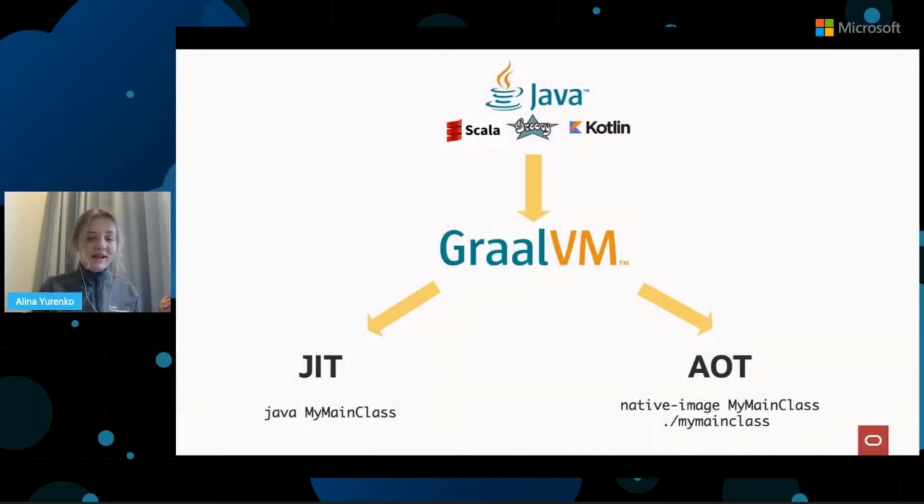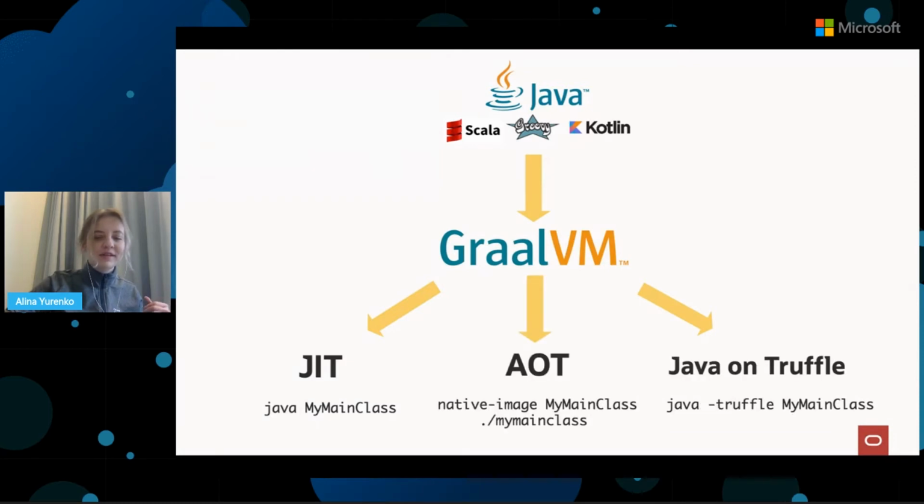And if I'm being entirely honest, I don't want to confuse you, but in fact, as of some time ago, there is even one more way to run Java on GraalVM. I will not stop here because this is not the topic of today's talk, but just to give you a full idea: on previous slides, we've seen that there are all those languages implemented on GraalVM's language implementation framework, which is called Truffle, languages like JavaScript or Python. And in fact, we also have a similar implementation of a JVM on GraalVM.